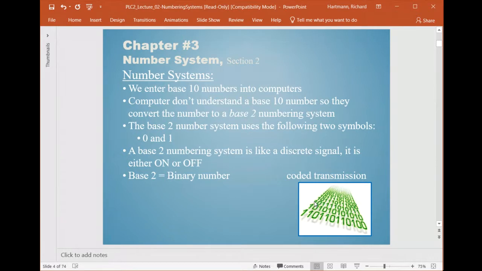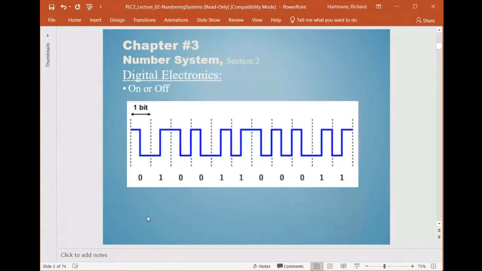Whatever a PLC does, whatever your phone does, whatever any digital computer does, it's always doing it in binary. As you go through these slides, we'll talk about octal and hexadecimal numbering systems, but computers do not use those. They only use binary. That's the only thing the computer can understand. So we need to be able to convert between the two and understand exactly how that PLC or computer is understanding these numbers.